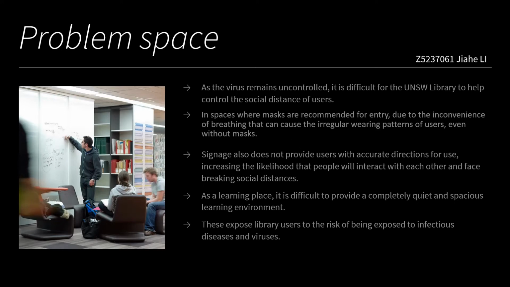And when users booked individual study rooms, the irregular sorting of rooms made them spend too much time searching for the rooms. As a learning space, it is difficult to provide a completely quiet and spacious learning environment. This exposes library users to the risk of being exposed to infectious diseases and viruses.